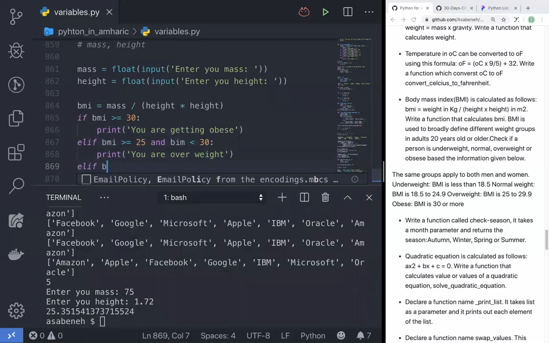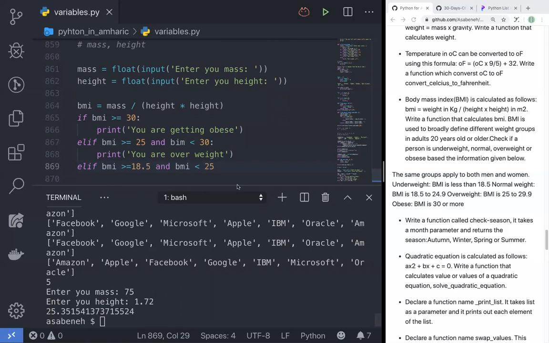And if BMI, what is the next group? BMI is greater than 18.5 and BMI is less than 25, right?